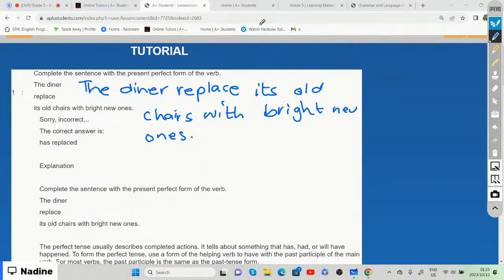So if we look at the perfect verb tense, we now need to add either has, have, or will have.